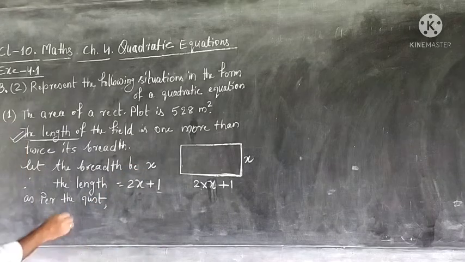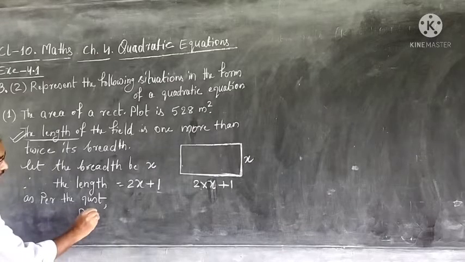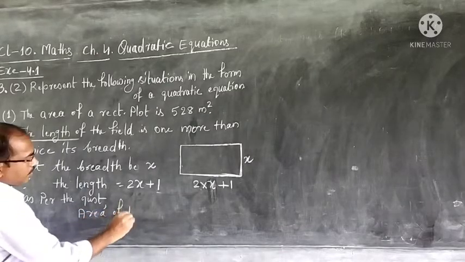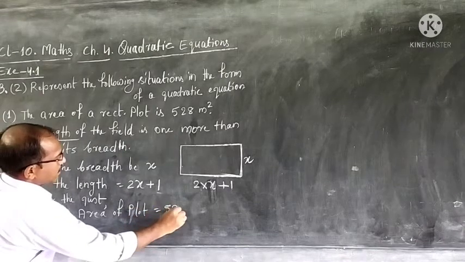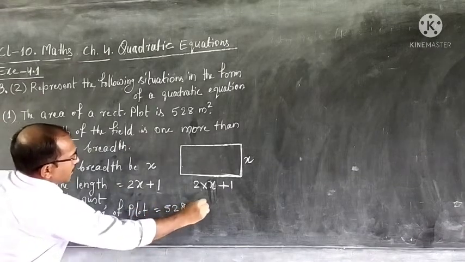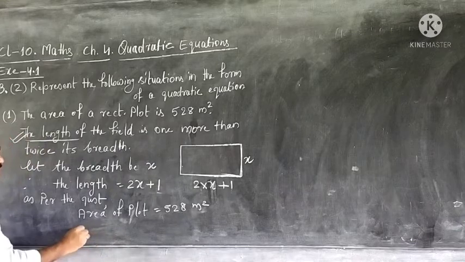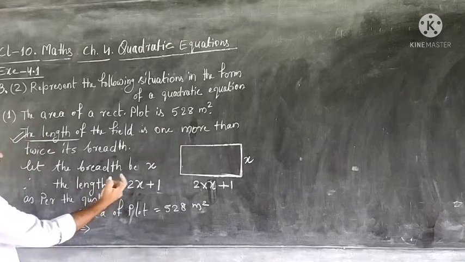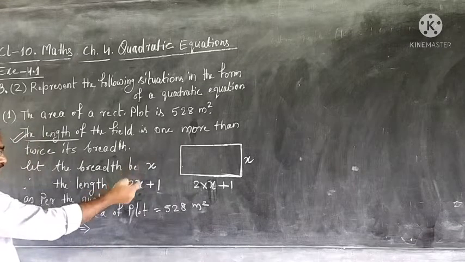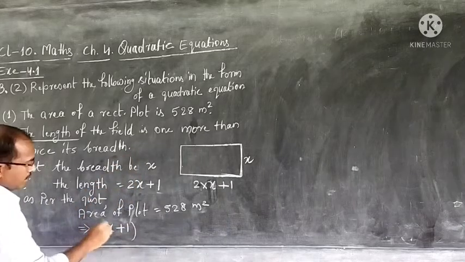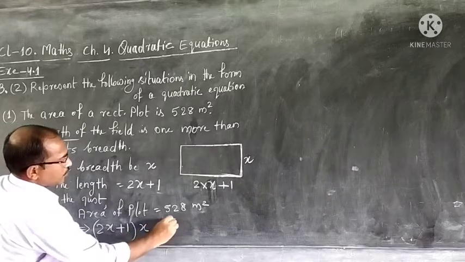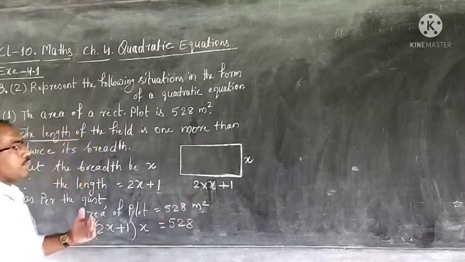Length into breadth. Area of the plot is 528, and area is equal to length into breadth. No need to write the formula, straight away we write length into breadth: 2x plus 1 into x is equal to 528, and then we simplify it to get the quadratic equation.